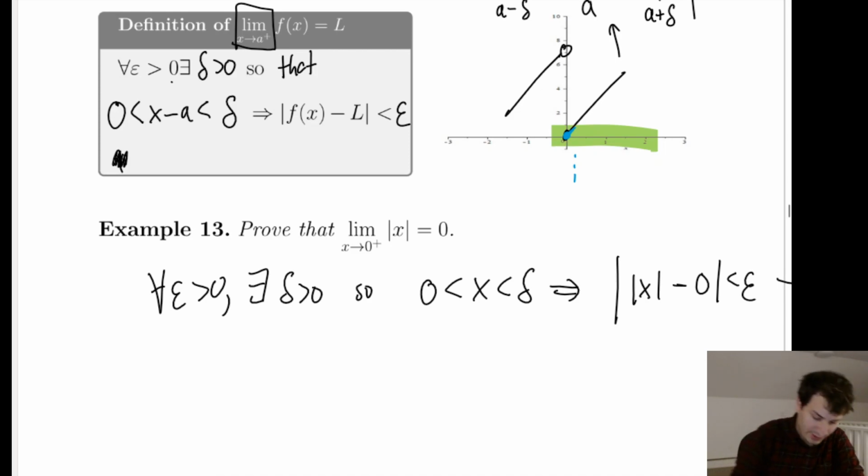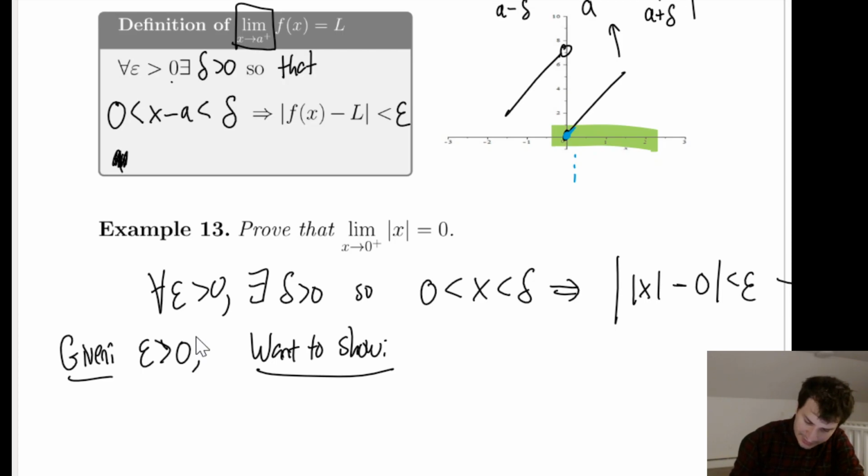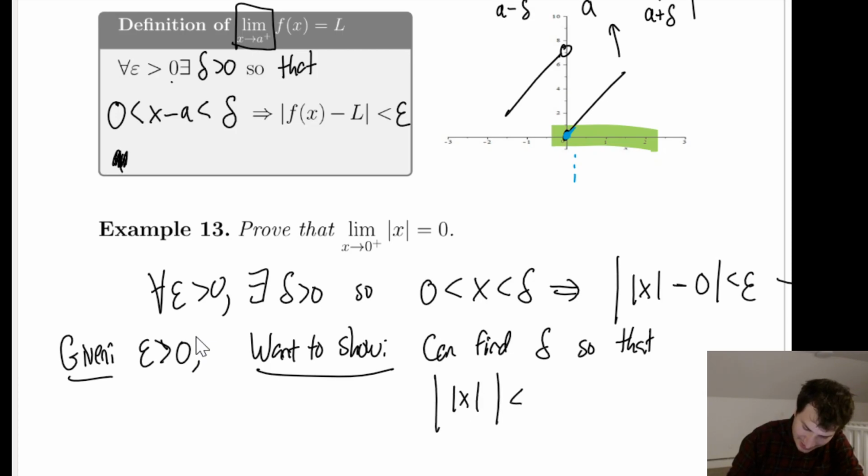Okay, so we're given epsilon greater than 0, and we want to show that this stuff is true. That we can find delta so that |x| < epsilon whenever 0 < x < delta.